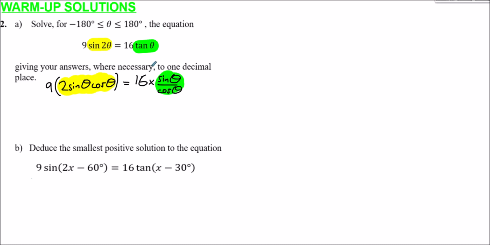So you can't divide by variables, but there's nothing to say you can't multiply by them. So to undo this being over cos, my suggestion next is to multiply both sides of this by cosine theta. So on this side, I'm going to have 9 times 2, which of course is 18, sine theta, cosine times cosine gives cosine squared, and over here, I'll just have 16 sine theta.